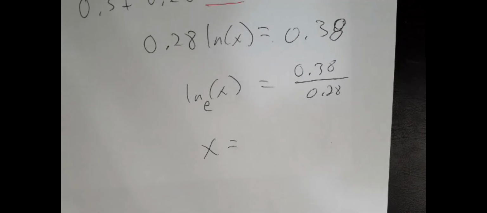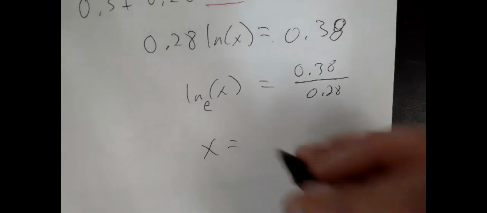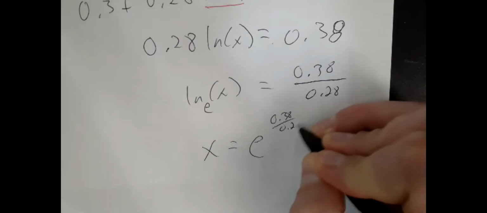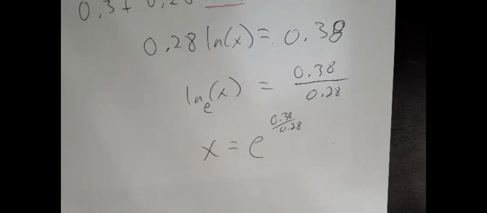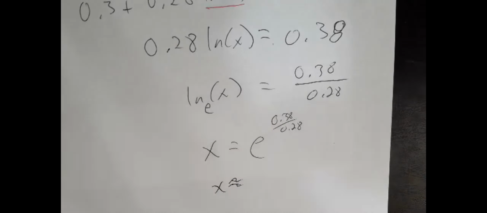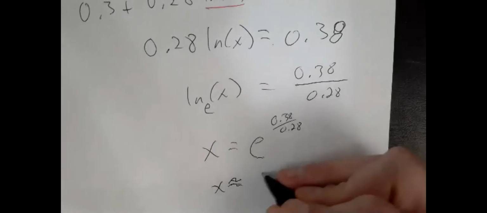I did e to the power of 1.36, which is this thing when you divide it. Yeah, that's it. So we're doing e to the 0.38 over 0.28. And so what does that give me? X is somewhere around, now I'm approximating, rounding things, 3.885 is what you should be getting for this thing.